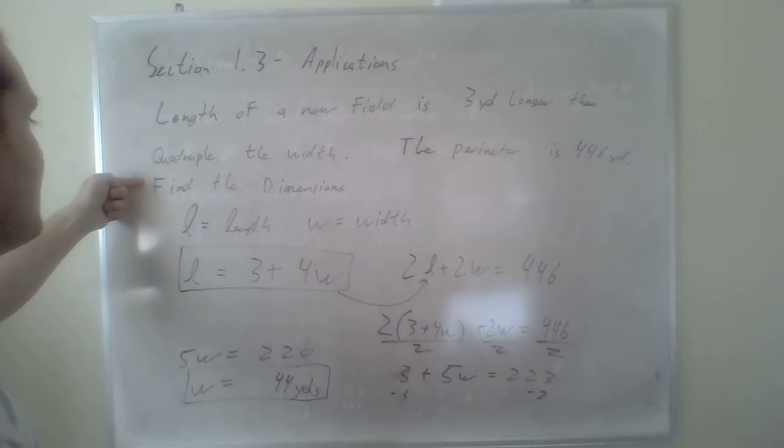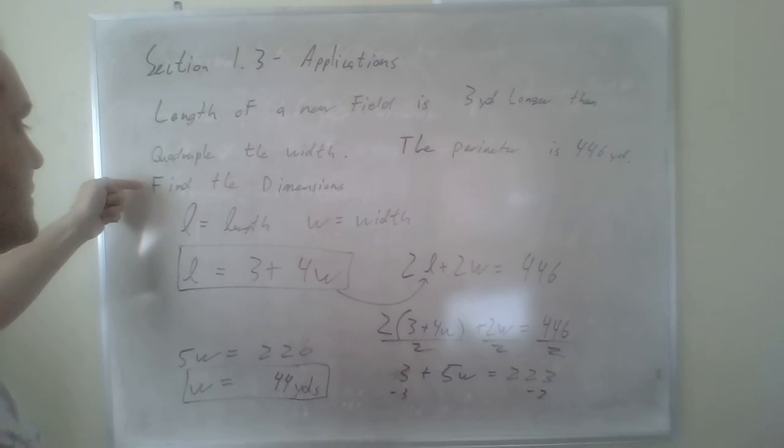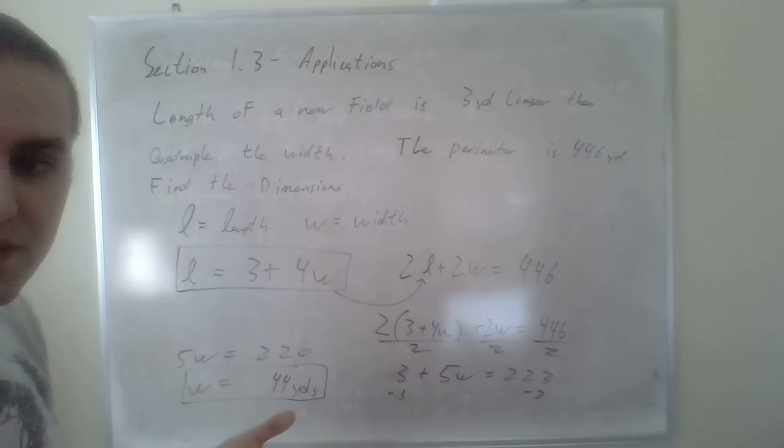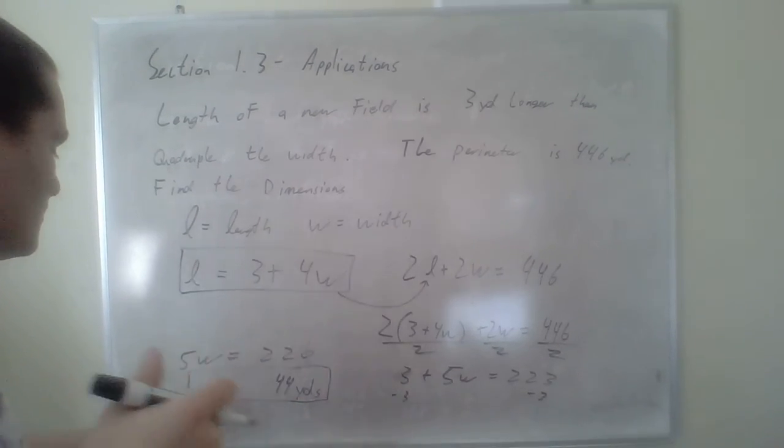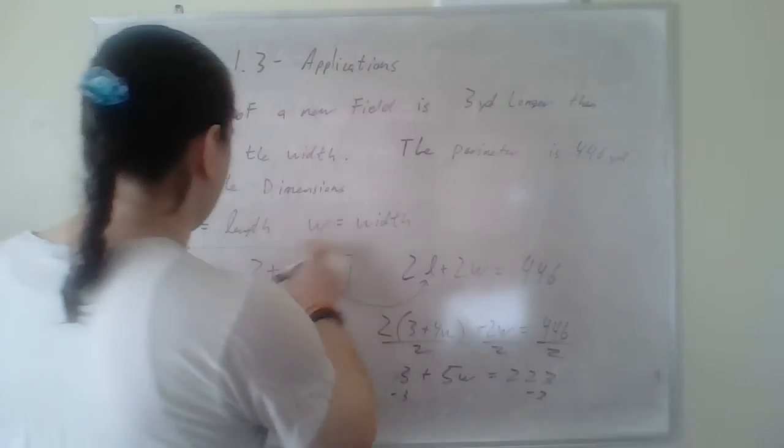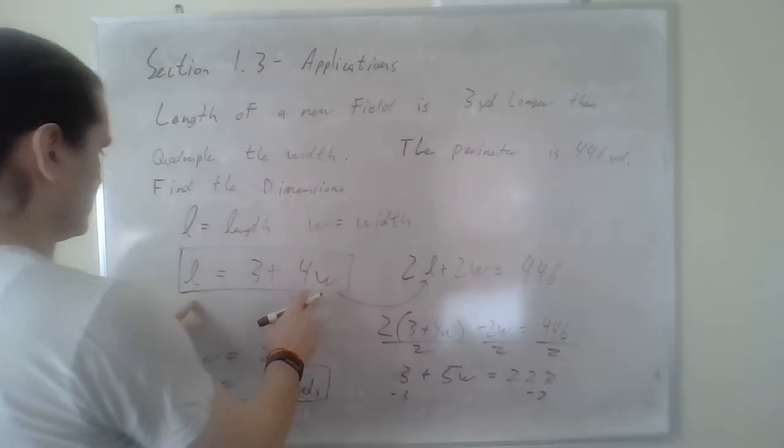But also don't forget to find the length. The dimensions means both width and length. So right now we only have the width. We need to plug that number back into this so we can get the length.